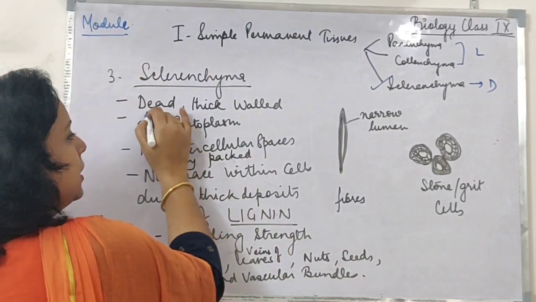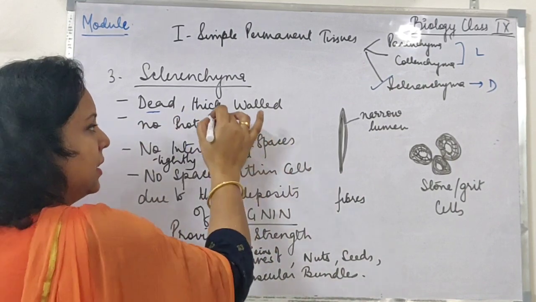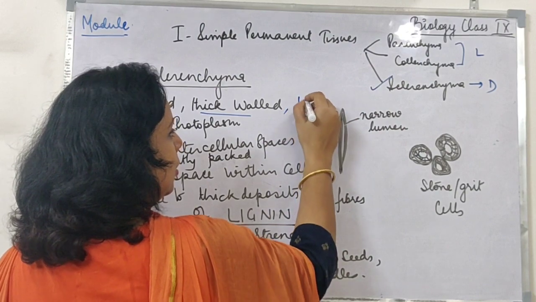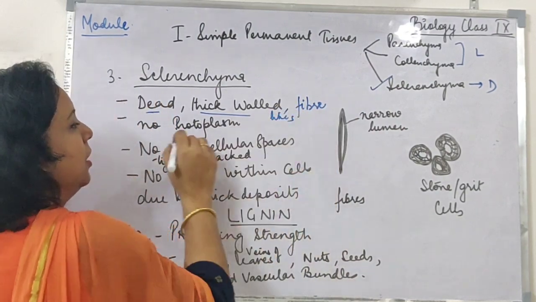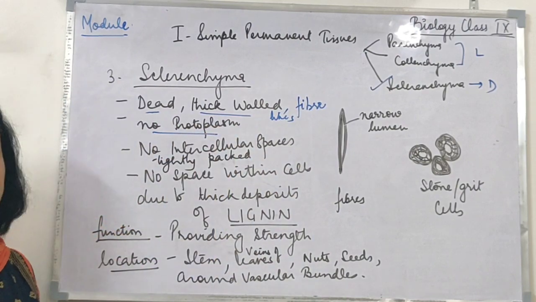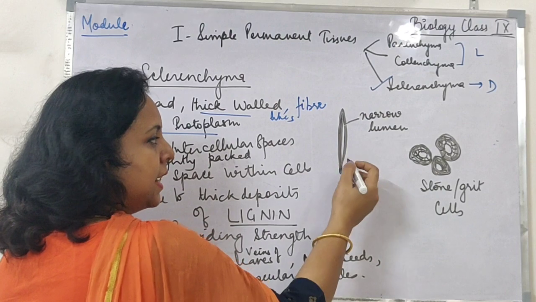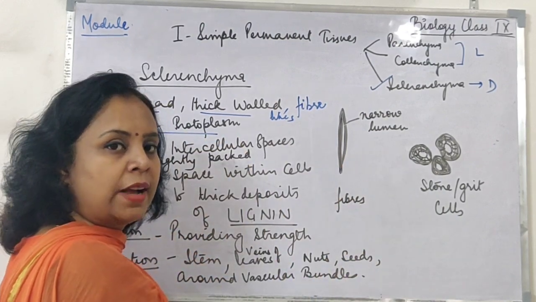Now, children, the sclerenchyma, these are made up of dead, thick-walled, fiber-like cells. They do not have any protoplasm. That means no nucleus. If you can see this cell, there is no nucleus, no cytoplasm, no vacuole.